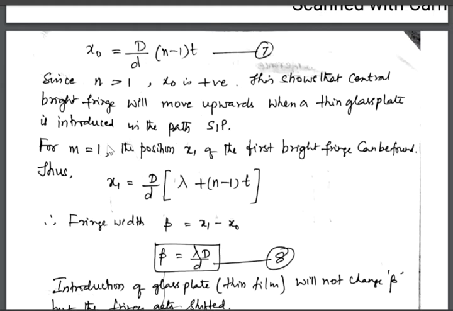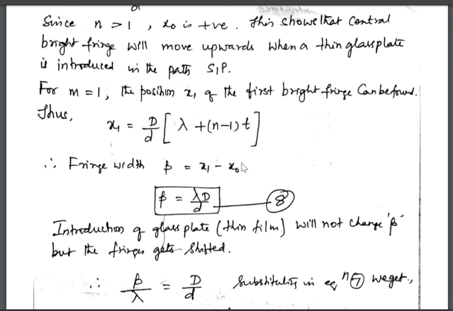Similarly, for the first bright fringe, m equal to 1, the position x1 of the first bright fringe can be found using this formula: x1 = (D/d)[λ + (n − 1)t]. Therefore, the fringe width beta is x1 − x0.